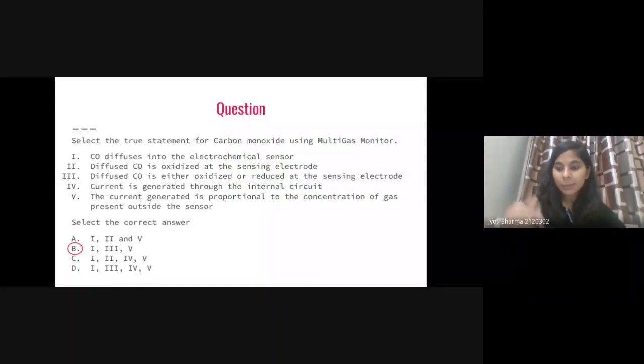This can happen automatically in your multi-gas monitor, because you have such electrodes and you are giving power to it. So instead of using some other chemical that we use in the laboratory, you can just calculate it using the multi-gas monitor. So B is the right answer.